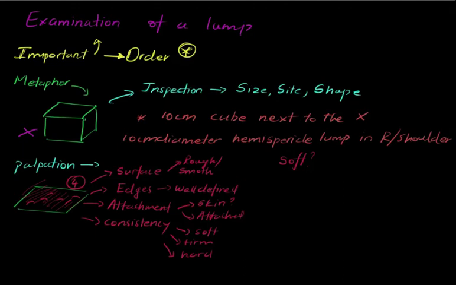You say those things. Then the next step, if the consistency is soft or maybe a little bit firm, you can break the box with something like a baseball bat. If it is really hard, it's going to break the baseball bat. Same thing with the lump.